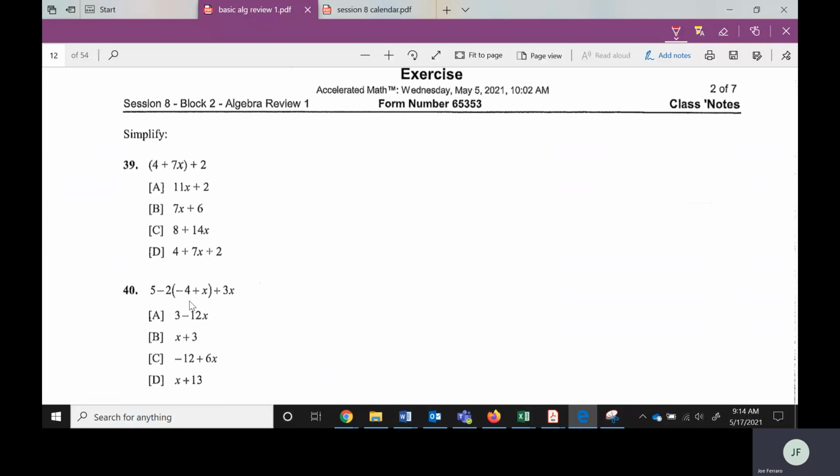Okay. Now, you have to be careful on this one. You do not need the distributive property here. What I mean is, sometimes people see a parentheses and they see a number and they think they got to do this. Don't draw this. I'm going to erase this.